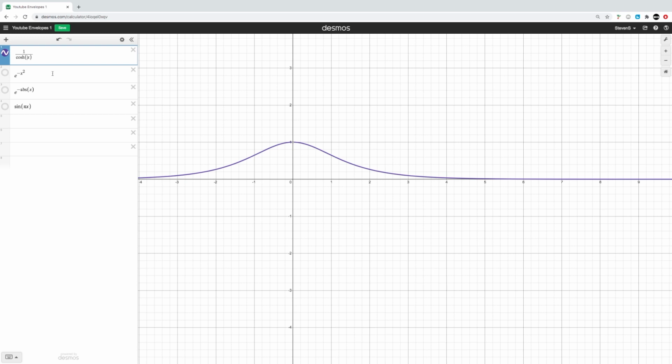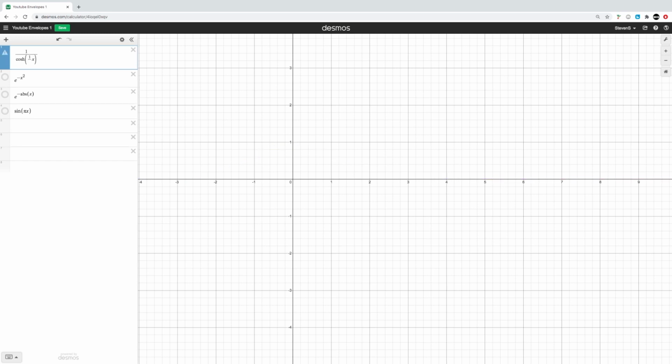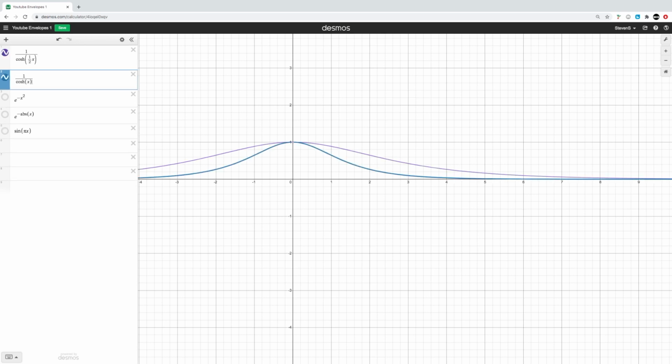Okay, so now we're going to add to this. We're going to go 1/2 of x instead of just x. Notice how by adding the 1/2, we've slowed down the slope. It's almost like we're slowing this x by half.